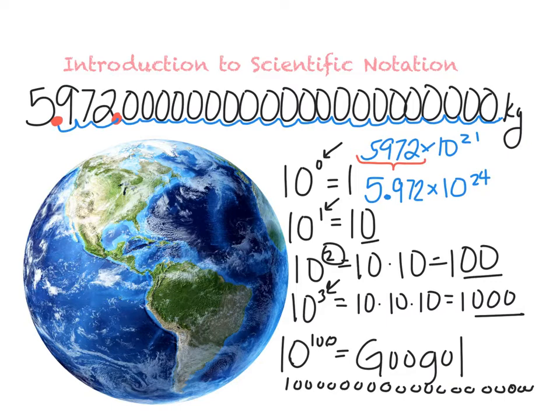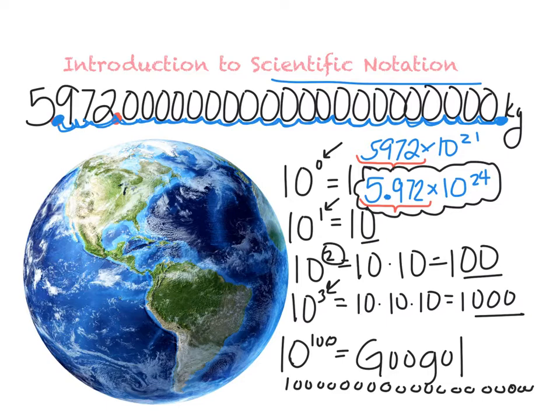And again, I get the 24 by starting here and moving 1, 2, 3, up to 24. So with scientific notation, our coefficient is always represented as a number between 1 and 10 times 10 to some power. So here is the mass or weight of planet Earth in scientific notation.